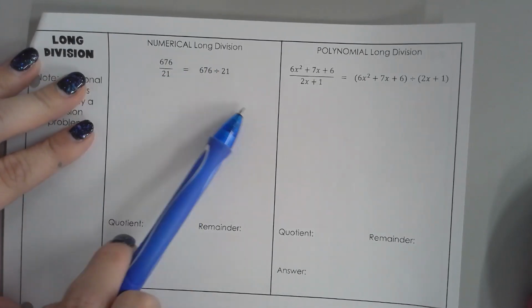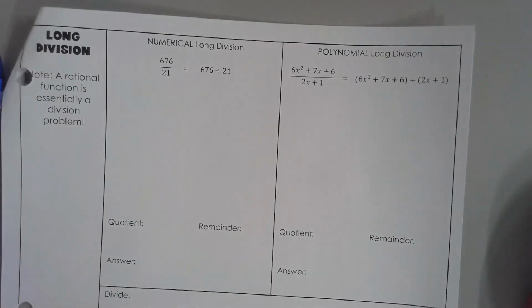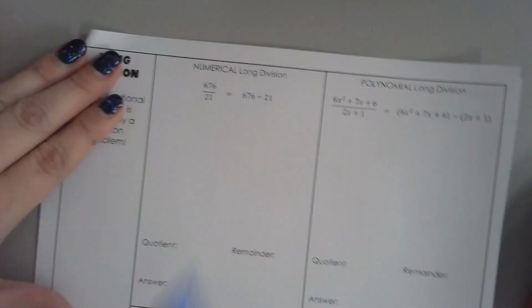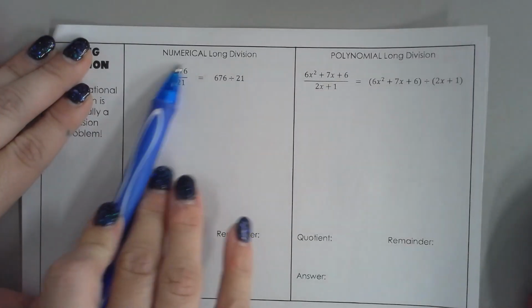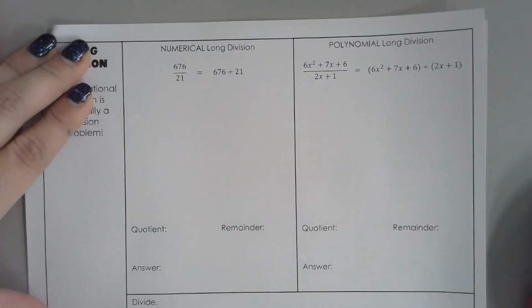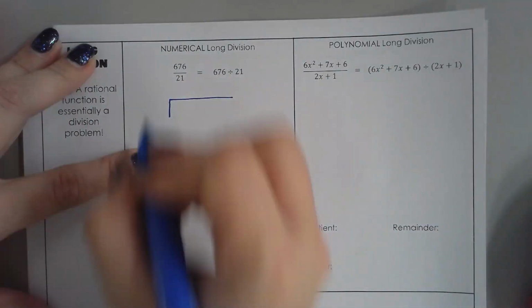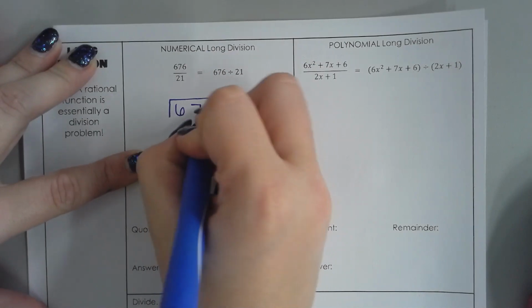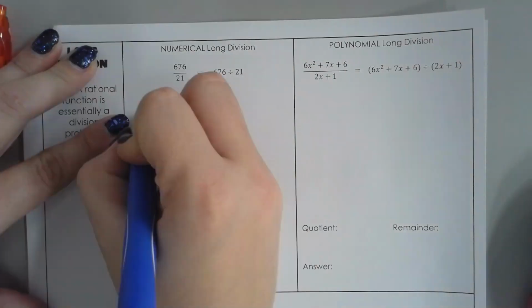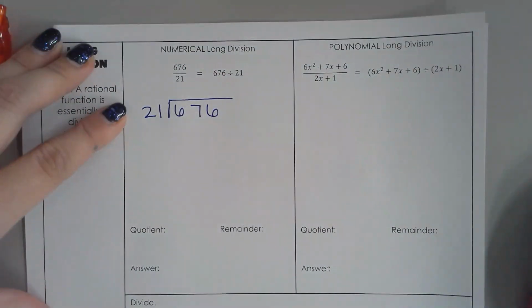You learned it in elementary school. So, if I am dividing 676 by 21, I'm going to set this up where the 676 is on the inside, the 21 is on the outside.